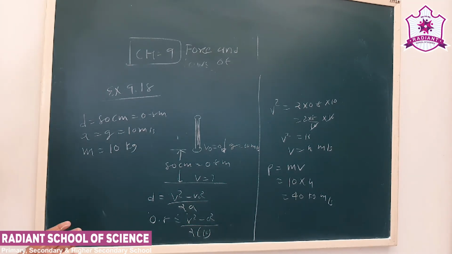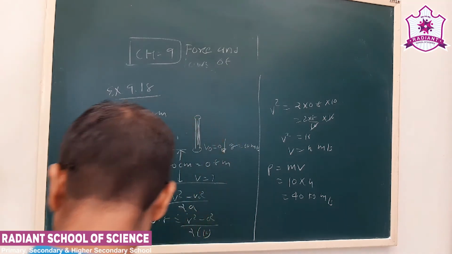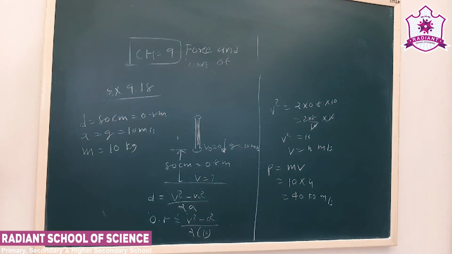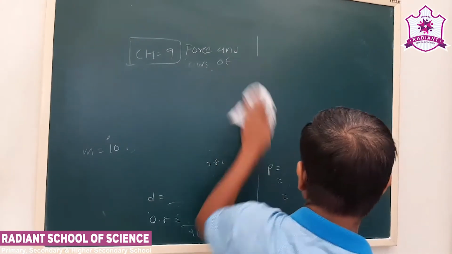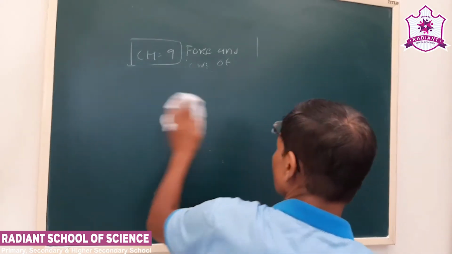Now there are some additional sums also. The first one is of graph type, that we'll discuss in the class. Now let us say A2, that is given.